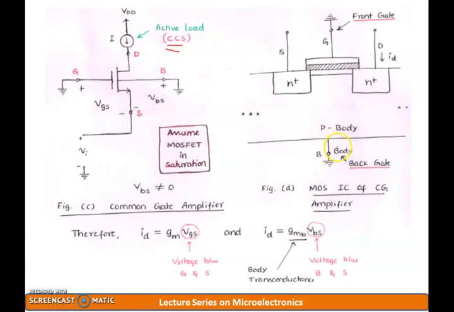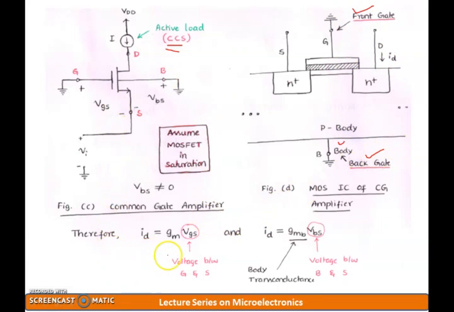We also know that the body terminal is sometimes known as the back gate, and the body effect is famously known as the back gate effect. Specifically, I repeatedly use the term back gate because I consider the gate here as the front gate, and this I consider as the back gate.